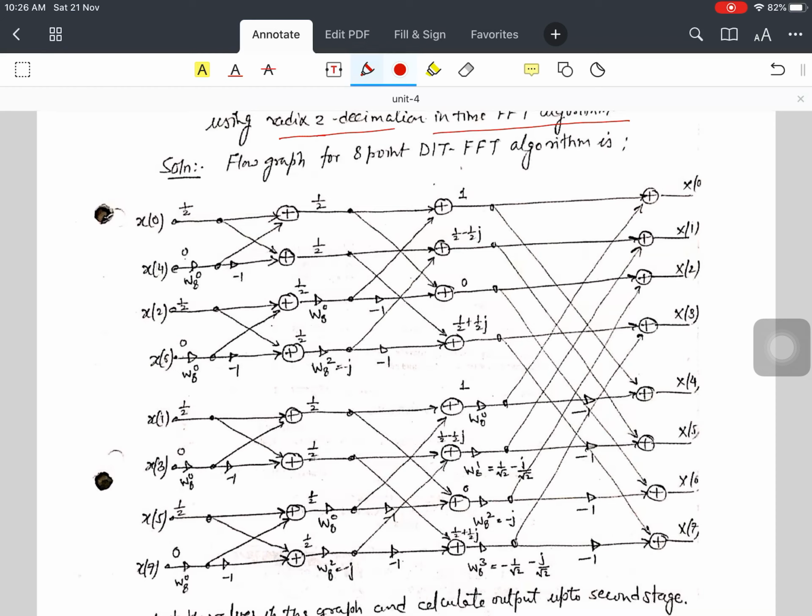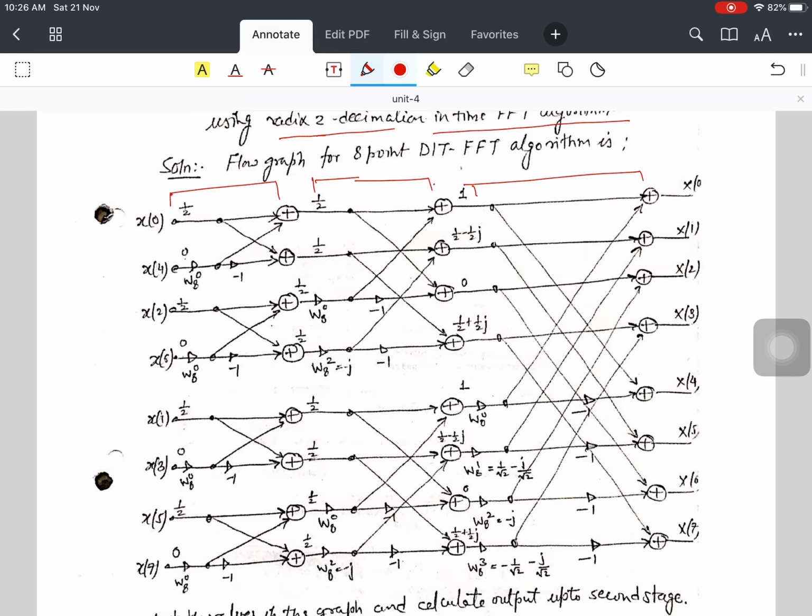You can see here this is your stage 1, this is your stage 2 and this is your stage 3. So, this is the structure.